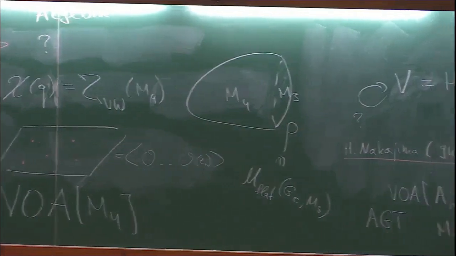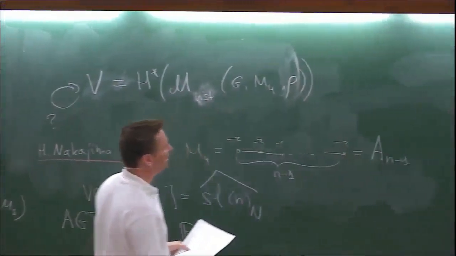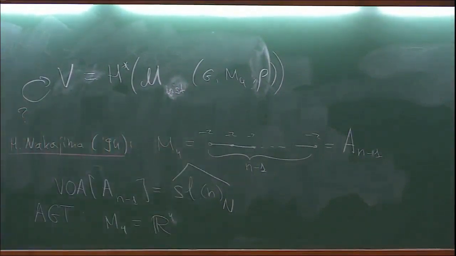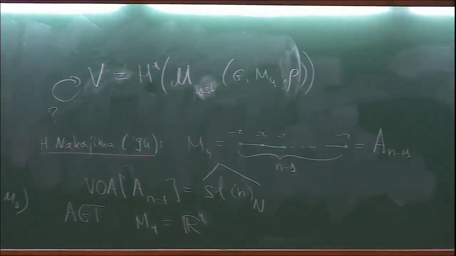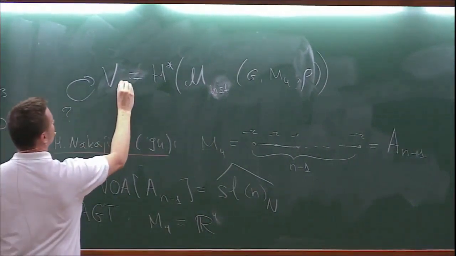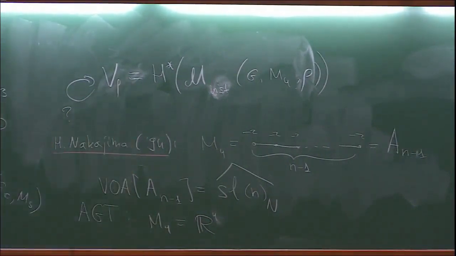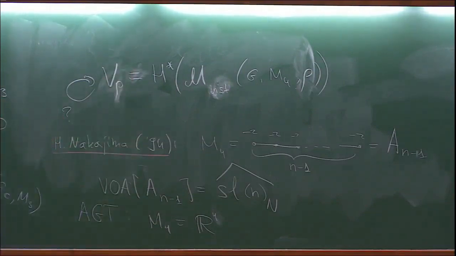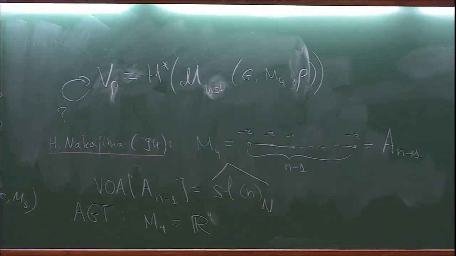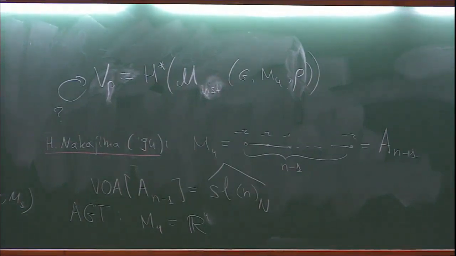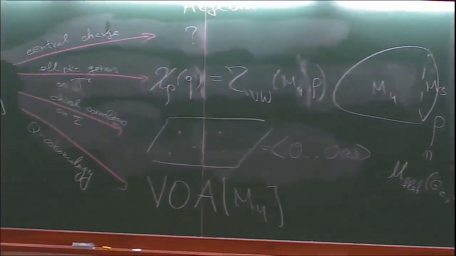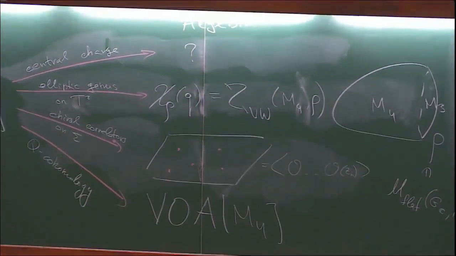And this label rho will basically appear everywhere. So if you study, say, moduli spaces, you have to specify the boundary condition rho. And therefore, what you get is not just a single infinite-dimensional vector space, but a set of them labeled by rho. And these will be various modules of the VOA of M4, and corresponding characters will be Vafa-Witten partition functions on a 4-manifold with boundary and suitable boundary condition.